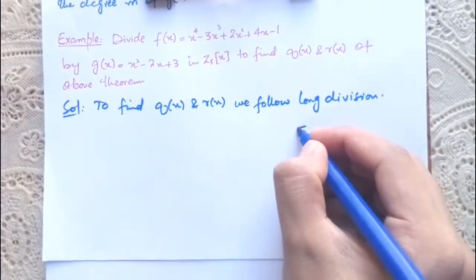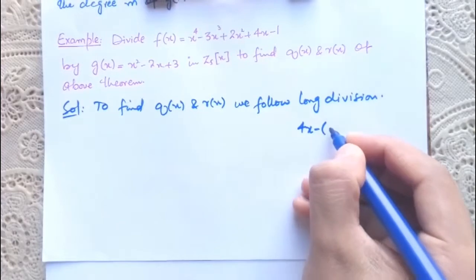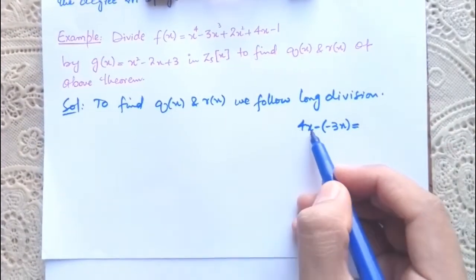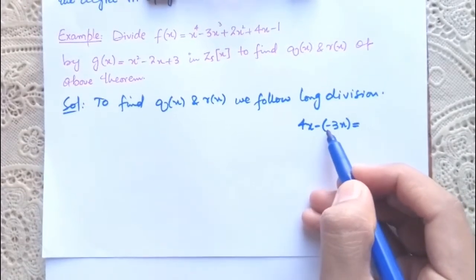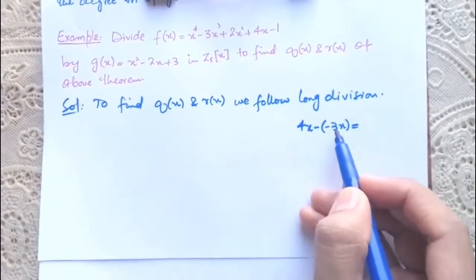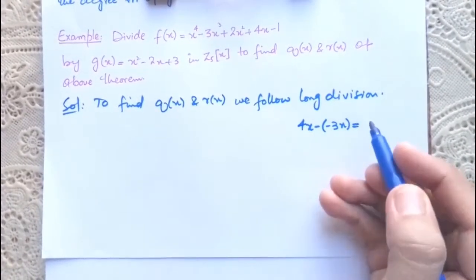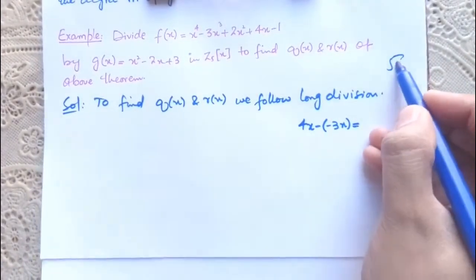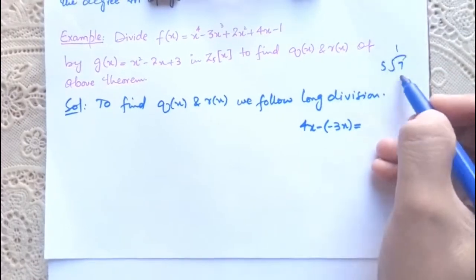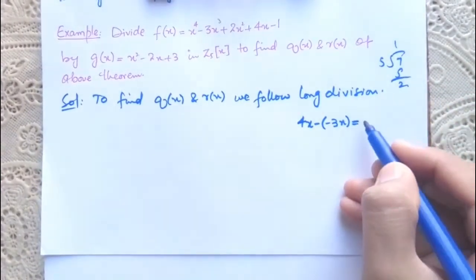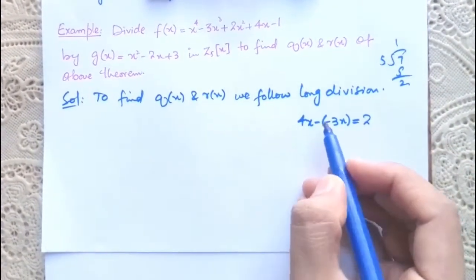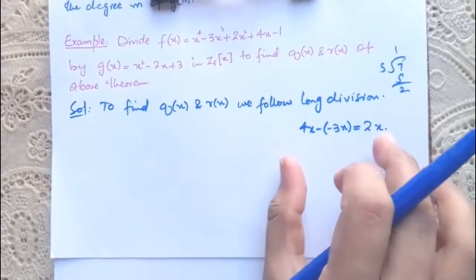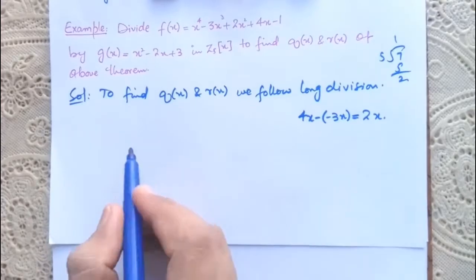So for example, 4x minus minus 3x, minus into minus is plus, so 3x, means 4x plus 3x is equal to 7x, but in Z5, 7 is equal to 2. So 4x plus 3x is equal to 2x, right? For example, so let's see the long division.